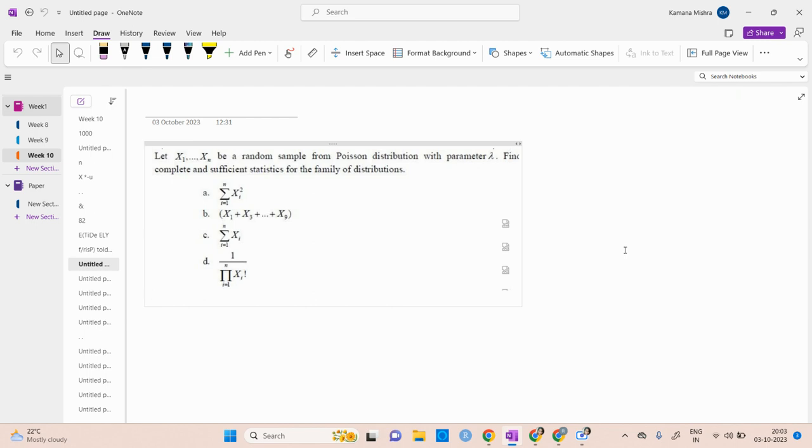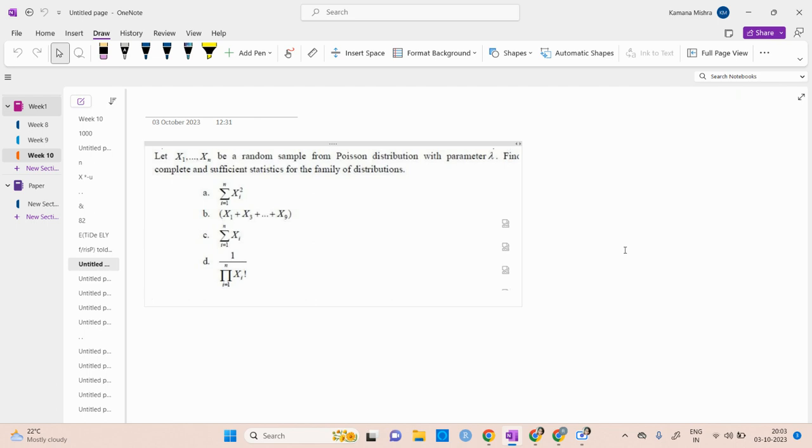So given here is that x1 up to xn be the random sample from the Poisson distribution, and then we need to find the complete and sufficient statistic for this family of distribution.